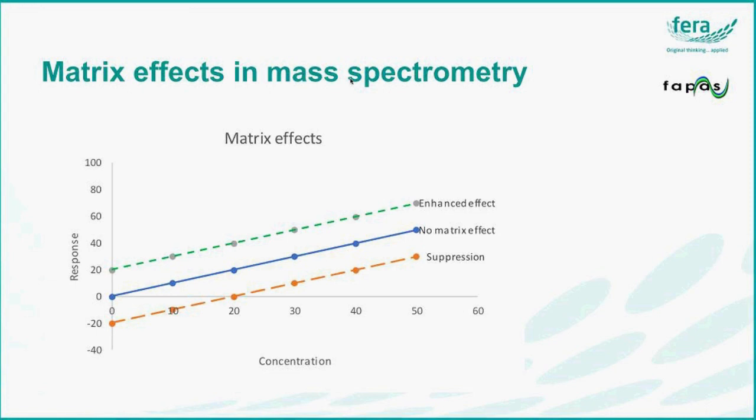This can create an effect, and sometimes it can enhance the response, so an enhanced effect, the green dashed line, or it might cause a suppression in the signal, and that is the orange long dashed line. So this will have an effect on your ability to accurately calibrate that instrument. This is the problem.